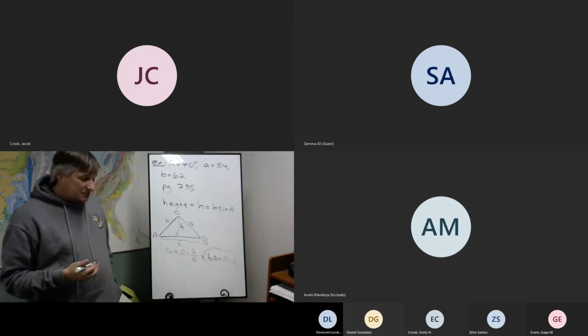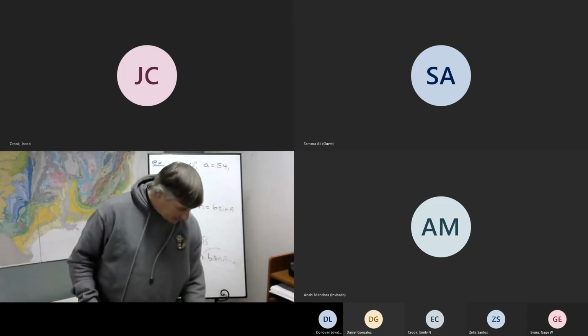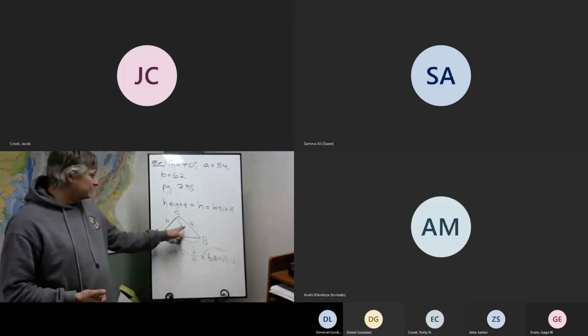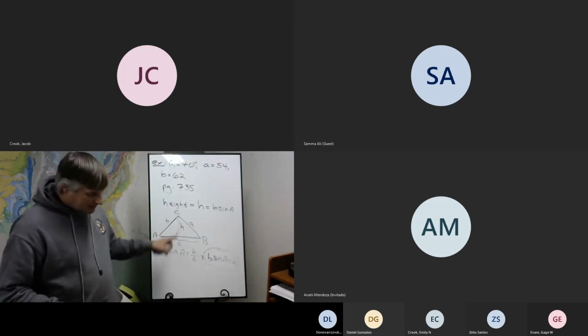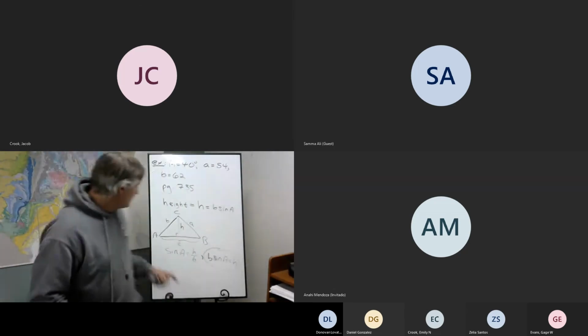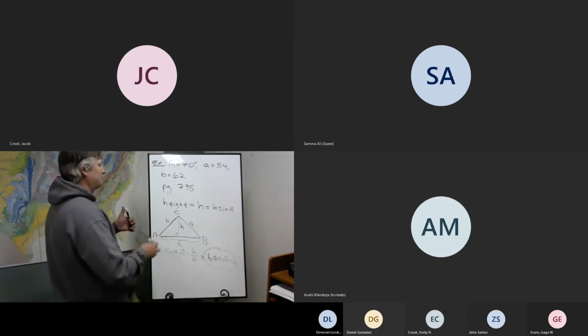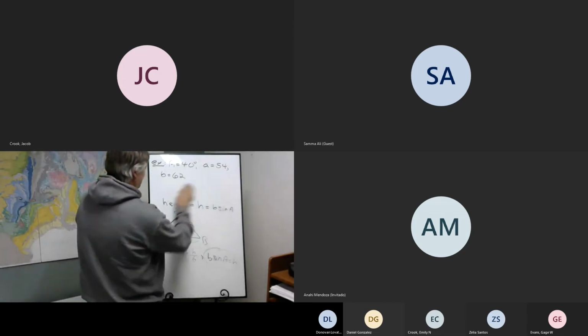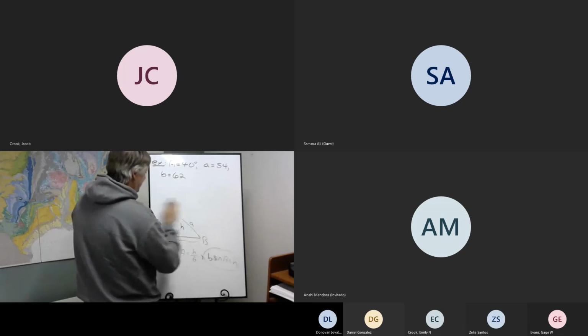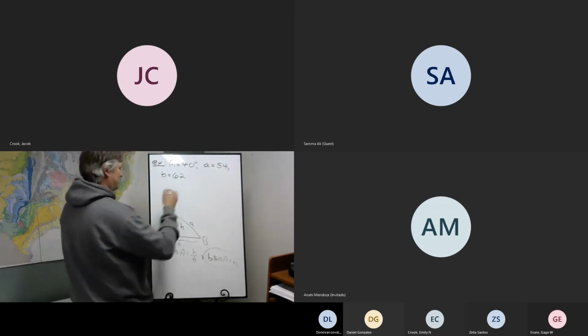So we're going to consider a situation like this. A is going to be bigger than the height, but less than side B. Let me put that like this.